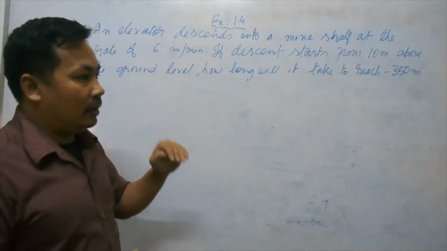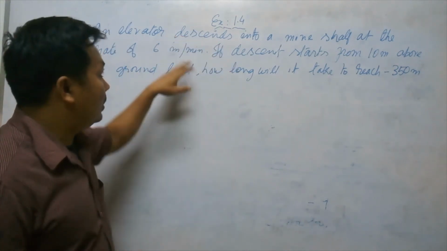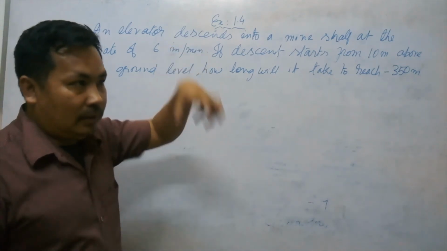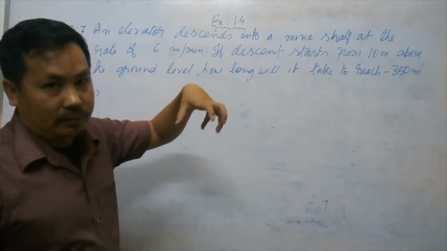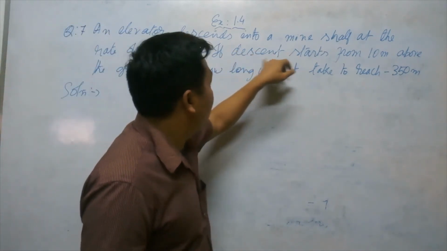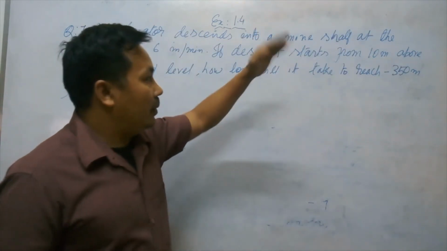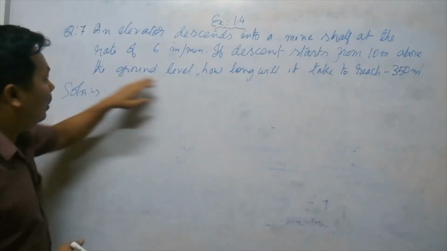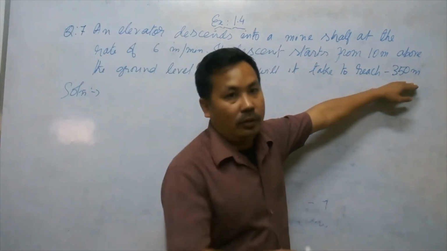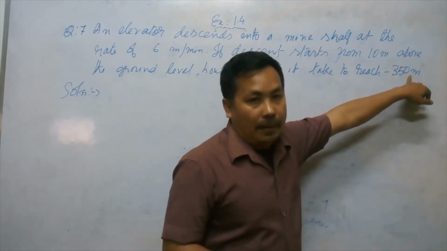This is the speed of the elevator going down. If the descent starts from 10 meters above the ground, how long will it take to reach a point below the ground, up to minus 350 meters?